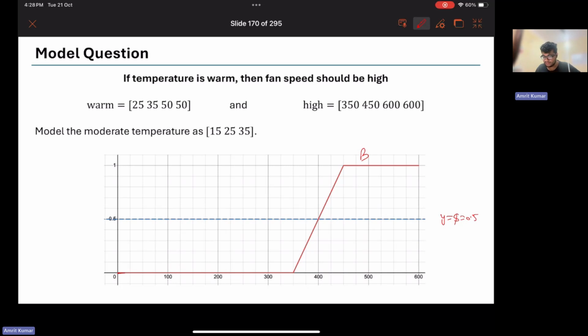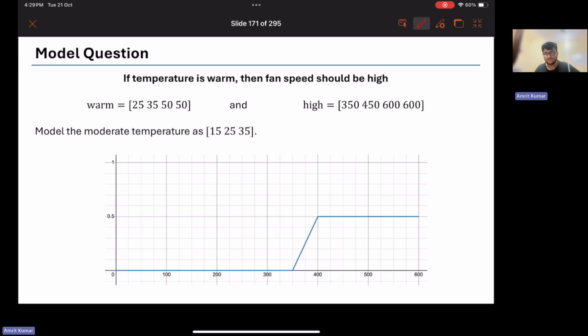So when we take the minimum of the membership function of fuzzy set high with 0.5, you essentially do the clipping. This is what you get. In other words, this is your output fuzzy set B dash. Okay. So I hope you got a sense of how to solve a problem based on the Mamdani inference scheme.